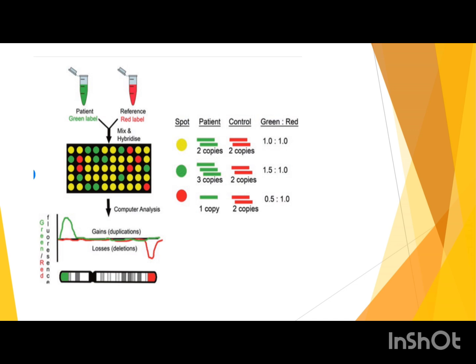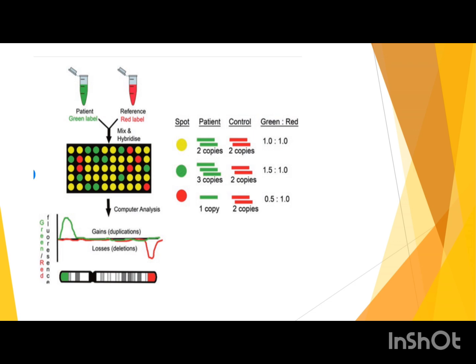Again, I am trying to explain again. Suppose the green is the patient and red is the reference. If they are exactly matching, then the ratio is 1:1. If the green fragment is different from that of red, then there will be no complete matching, so the ratio is 1.5 to 1, and the graph will be tilted towards green.